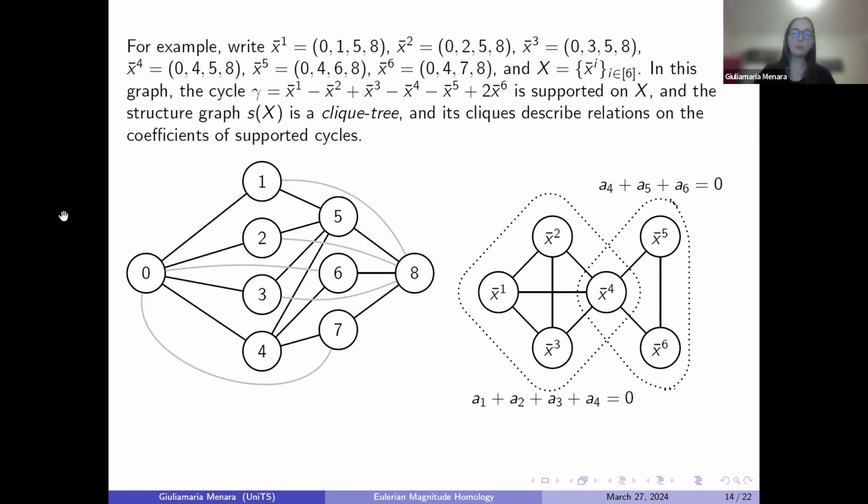If we were able to somehow split the graph in tiny pieces, then even if a tiny piece is dense, it's not so difficult to compute the Eulerian homology. So yeah, maybe something like that might be interesting. But in general, the complexity is very high.